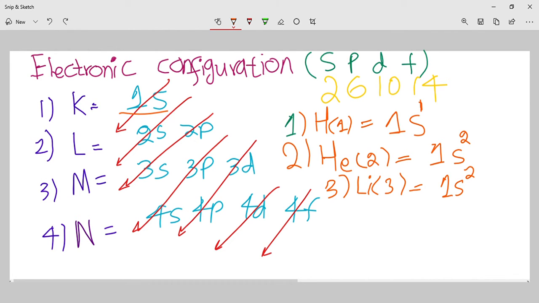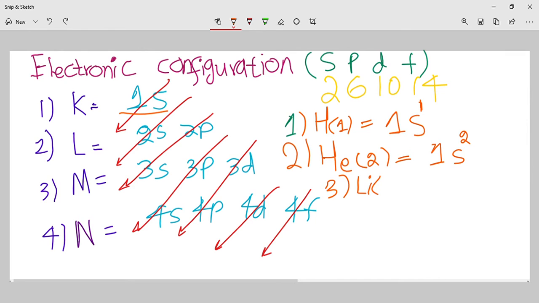Now we will write 2s here. We don't know how many electrons are there in the superscript of this 2s. As the atomic number of lithium is 3, 2 electrons are already used on 1s. We subtract 2 and the remaining is 1. So we have to plot only 1 electron on 2s, so we will write 1. This is how we can do the electronic configuration.